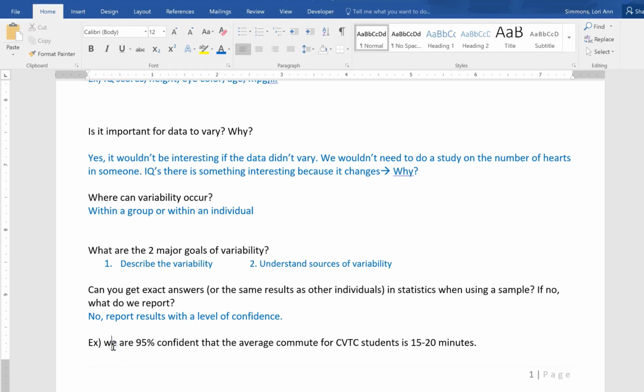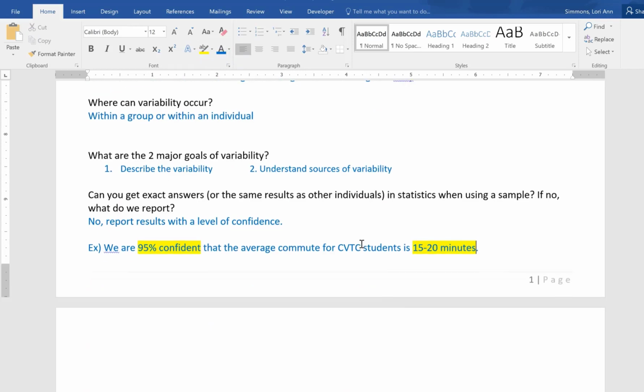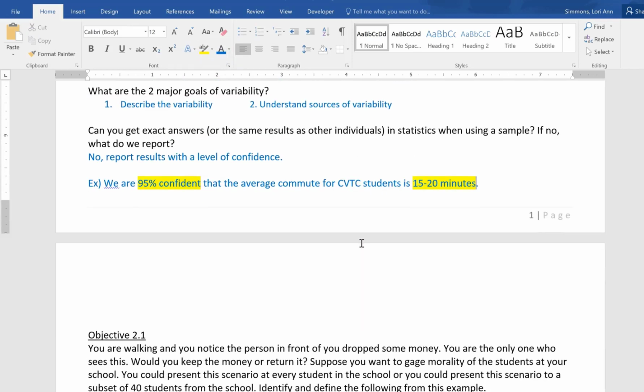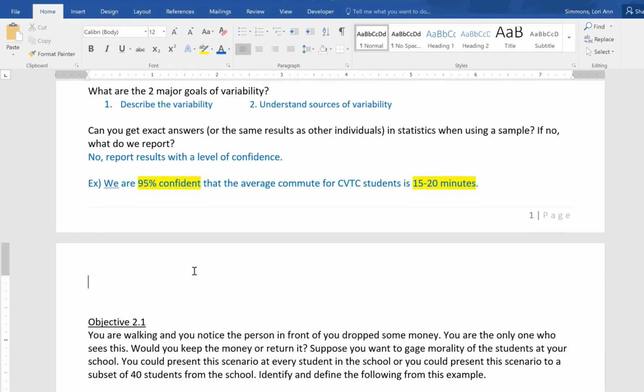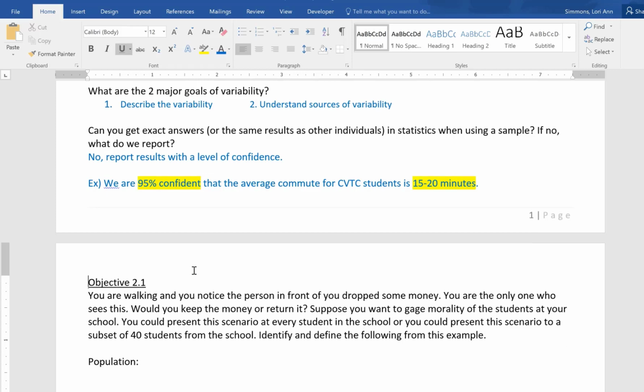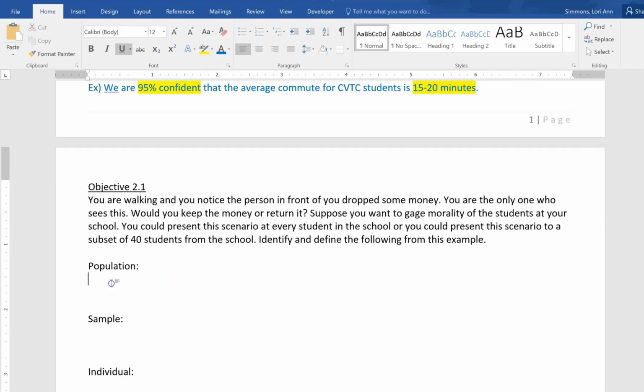So what we are doing here is we are projecting from our sample to the whole population. So when you do that, you have to have a level of confidence and you have to have a range. This is inferential statistics, and you will learn a lot about this throughout all of the chapters.